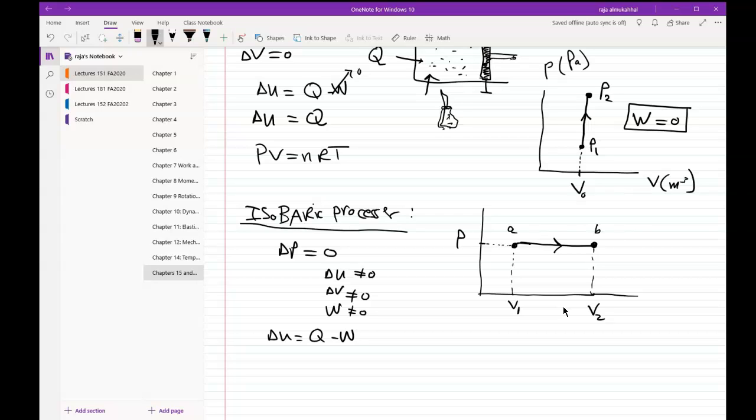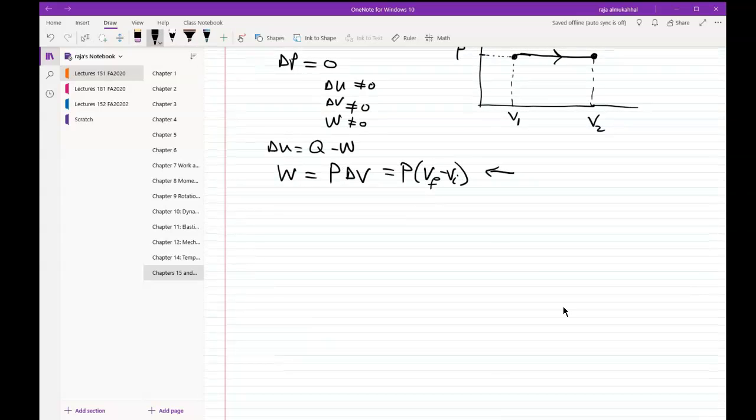The only thing is that when you want to calculate the work in this case, you use the ideal gas law, which gives P delta V. So pressure times V final minus V initial, and that will allow you to get the work associated with it.